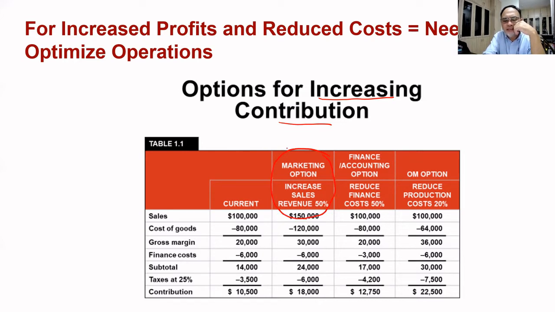Marketing option: increase sales revenue 50%. The finance department says reduce finance costs 50%. But the operations management option: I say to the management, I want to reduce 20% of operations costs. If you compare the contribution, if you do the mathematics, you will see a large portion of contribution that can be saved through operations.